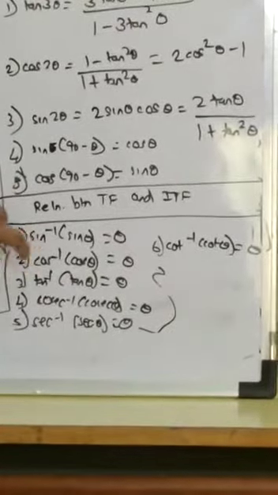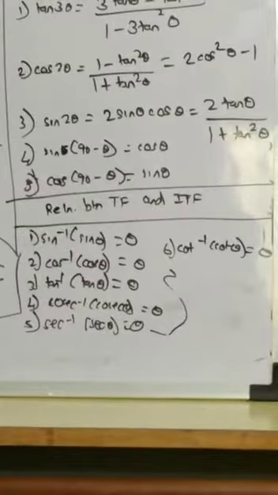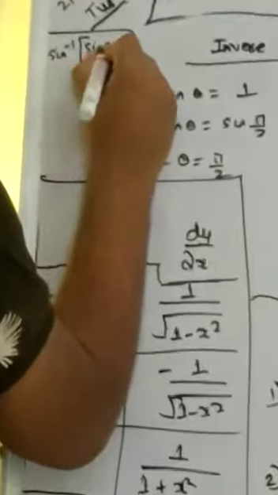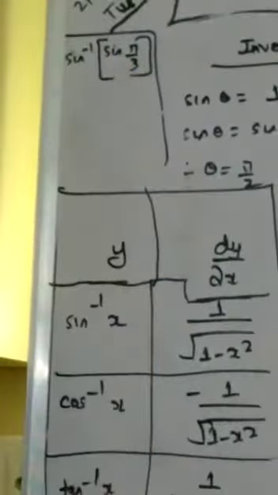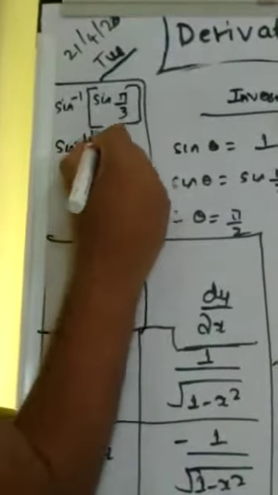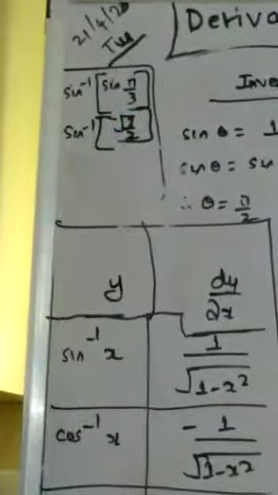You may not connect with this, so let us quickly see two examples of this and make a bit of sense. So for example, sine inverse of sine of say pi by 3. Pi by 3 is 60 degrees. So what is sine of 60, guys? I can write this as sine inverse root 3 by 2.